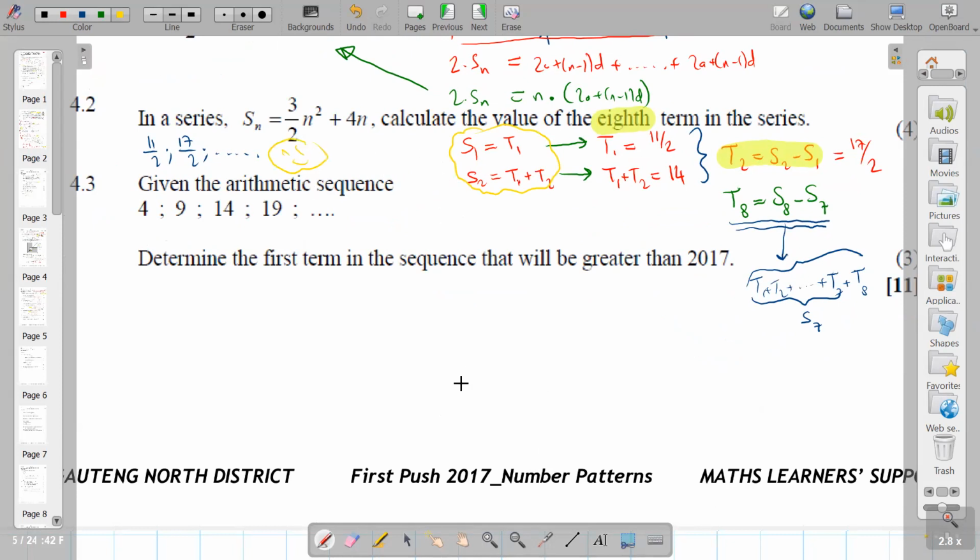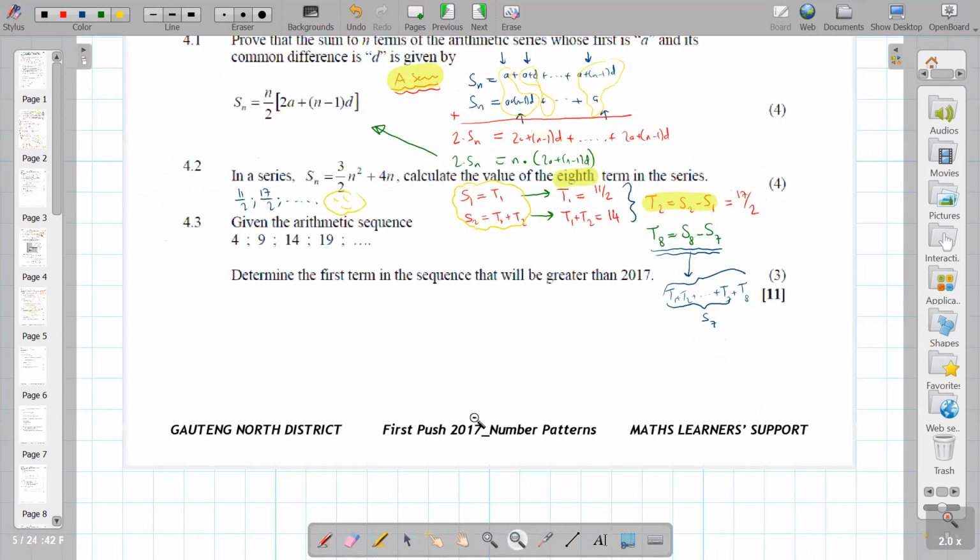So these two ideas can help you whenever you are given the sum formula. Substitute 1 to get the first term, then substitute 2 to get the sum of the first two terms, so from here you can get the second term as well. As long as you know the first and second terms in an arithmetic sequence, you can find any term.